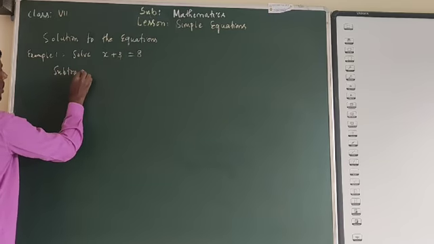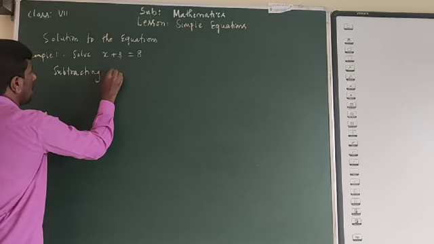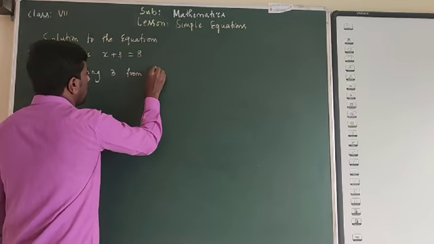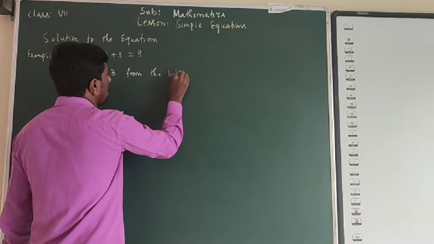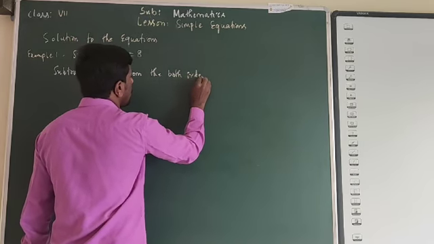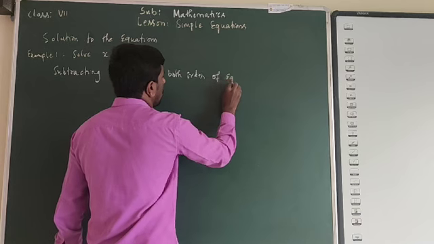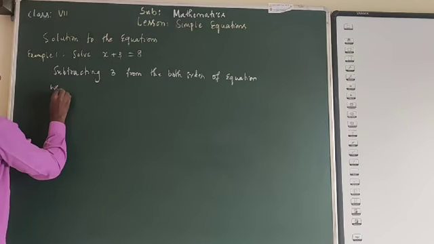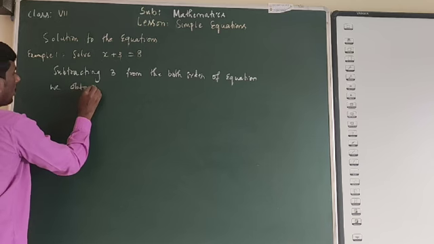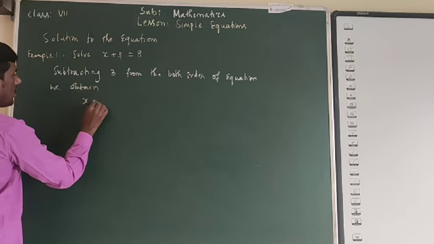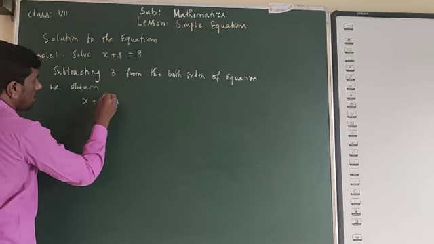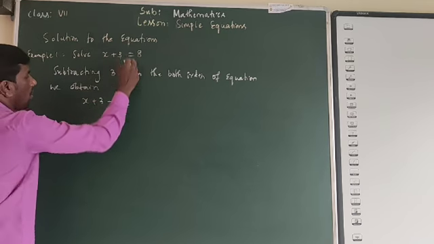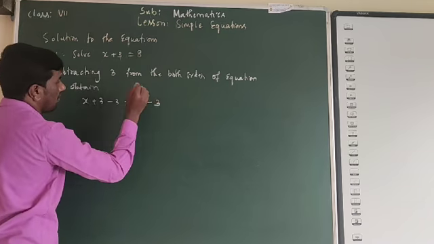Subtracting 3 from both the sides of the equation, we obtain: x plus 3, I am subtracting 3, subtracting means a negative sign, is equal to the RHS.